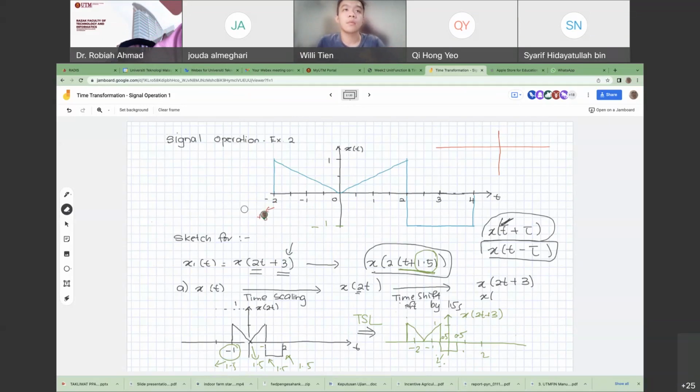Plus 3. 5, 4, 3. Then 2 to 4, 2, 4. Okay, so this is x(t plus 3).